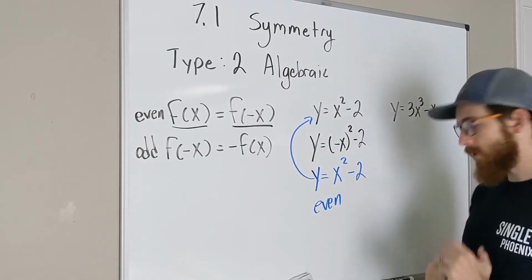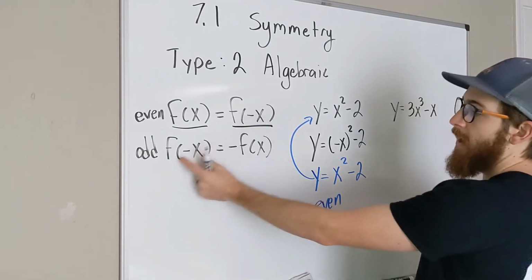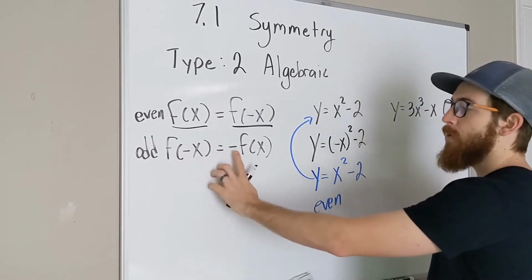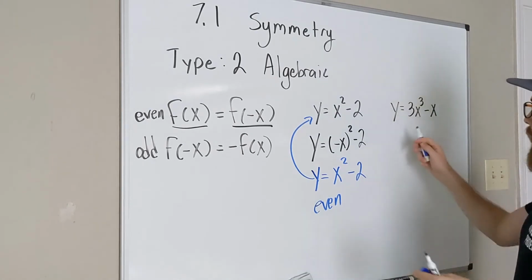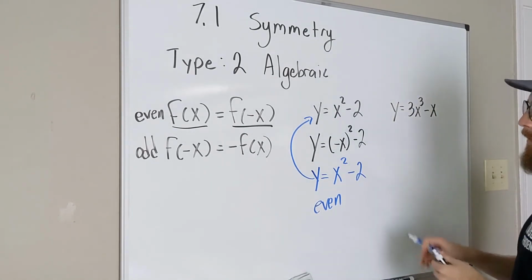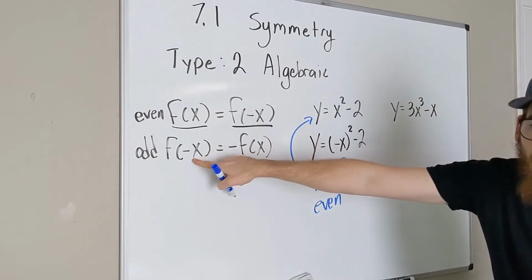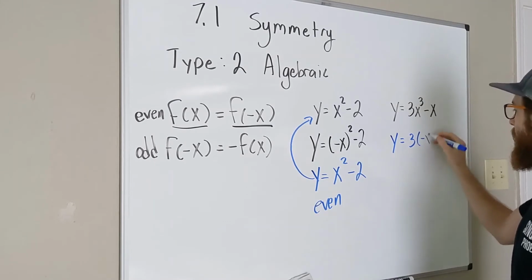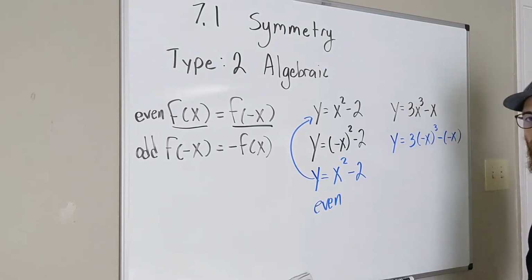Okay, odd functions require one more step. Odd functions require f of negative x on the inside to be equal to negative f of x on the outside. So in this first step I'm going to rewrite this with the negative on the inside. So y equals 3 times negative x cubed minus negative x.